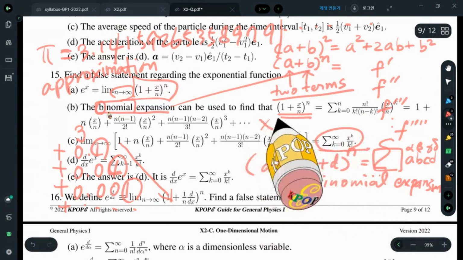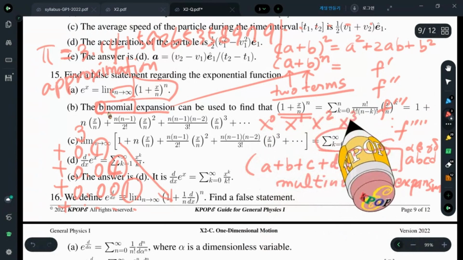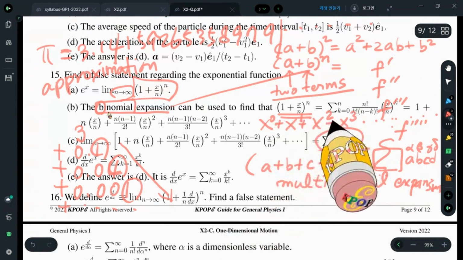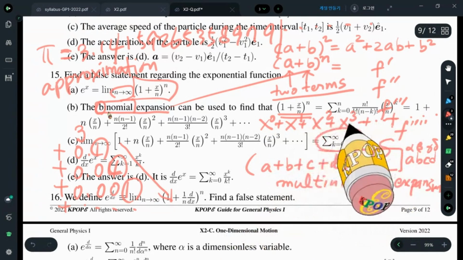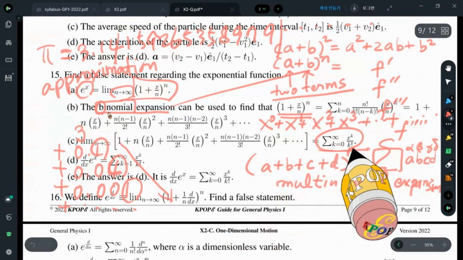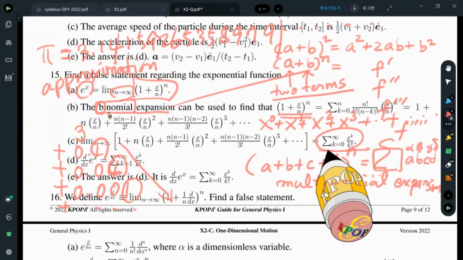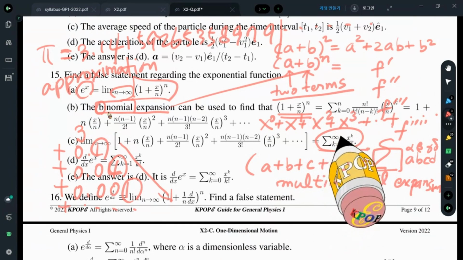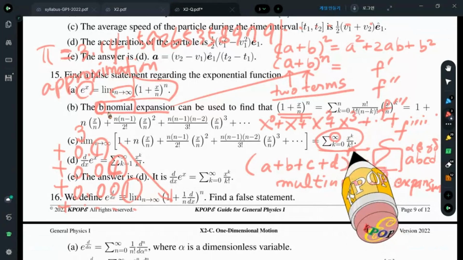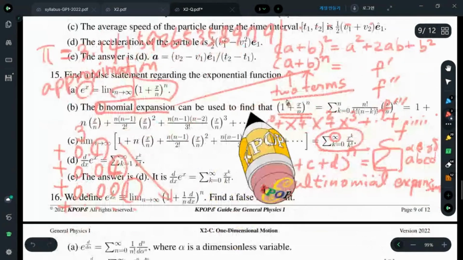Polynomial means x to the 0th power, first, second, and third, something like that. So if you increase the number of the terms, the approximation of this exponential function becomes very accurate. And it should be exact only if you can make a summation to the infinity. That's the problem. Anyway, exponential function has a very interesting feature like that.